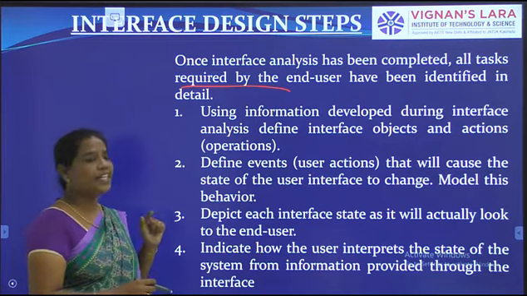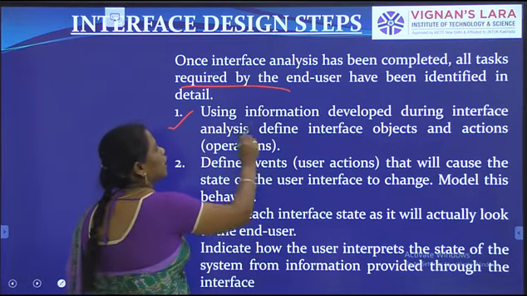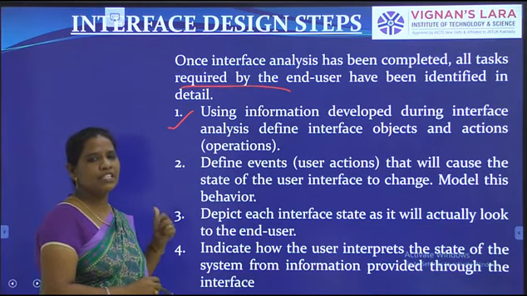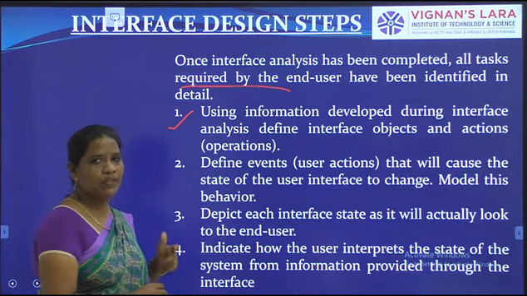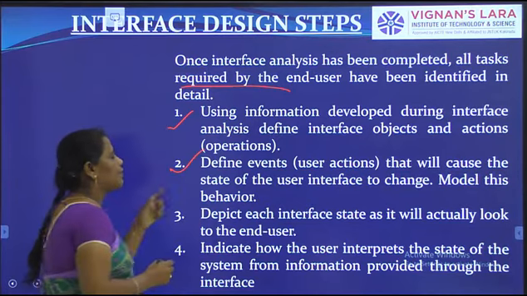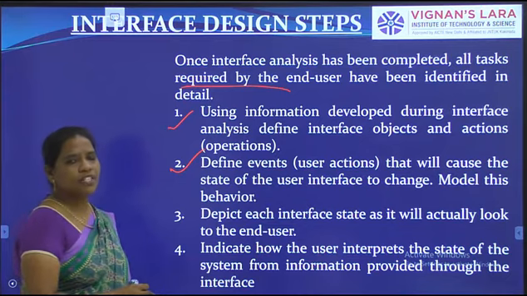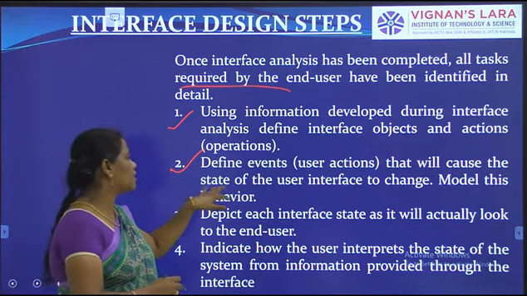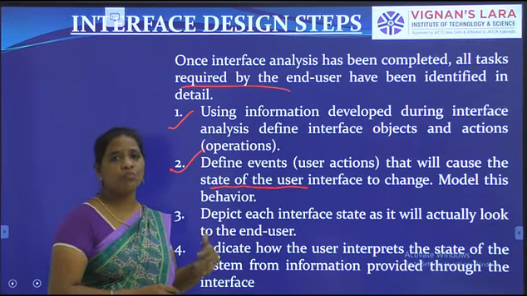What we have to do is, the first one, use information developed during interface analysis. In interface analysis, we took the user's information by using a user model. The second one, we have to define the events, what type of actions we have to perform with the system, that will cause the state of the user interface to change the model.